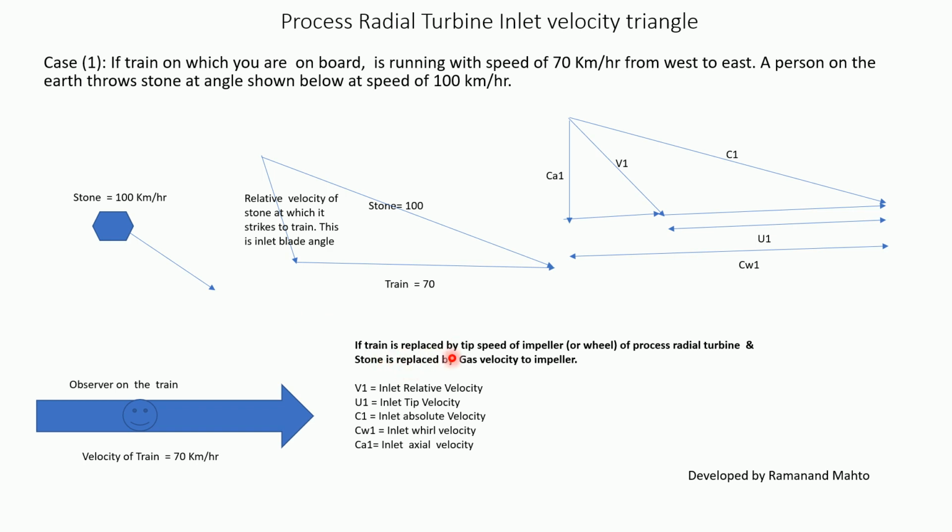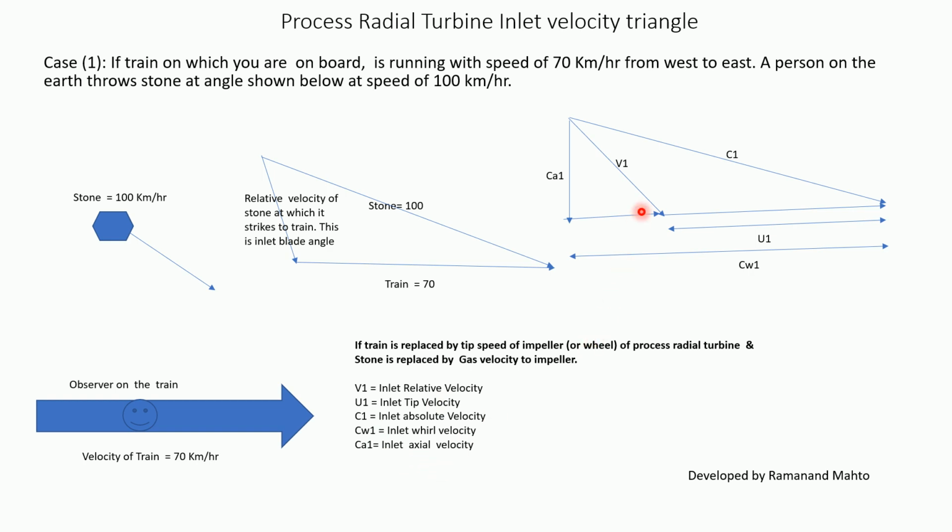So if the train is replaced by the tip speed of the impeller or wheel of the process radial turbine, the stone is replaced by the gas velocity to the impeller or wheel. So V1 is the inlet relative velocity, U1 is the inlet tip velocity, C1 is the inlet absolute velocity, Cw is the inlet whirl velocity, and Ca1 is the inlet axial velocity.